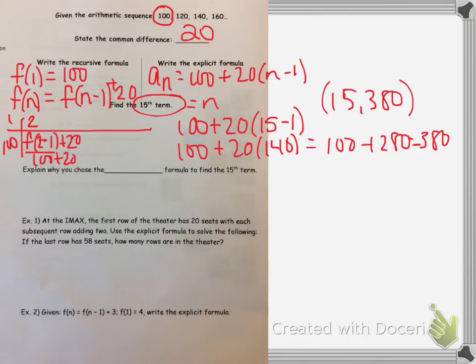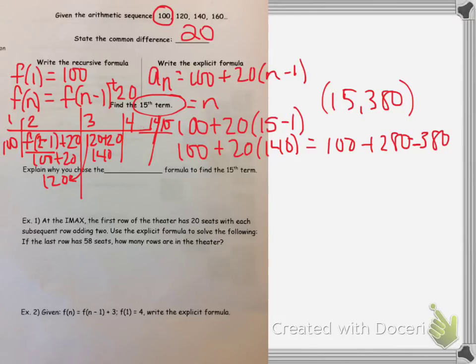Makes it 120. Then you got to do the same thing for the third one. So then you say 120 plus 20 because it's the previous term. This is the second term. 140. We would have to do this all the way to number 14 to get 15.